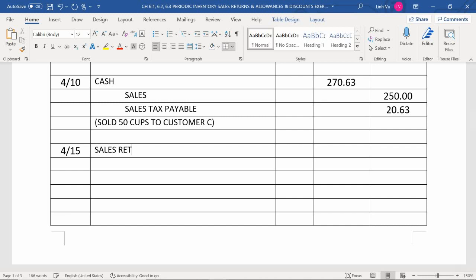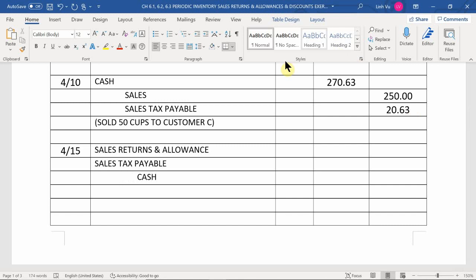What's the tax and cash? Yes, they paid in cash. We're going to return the sales tax because we already charged them, and we're going to give them back cash.